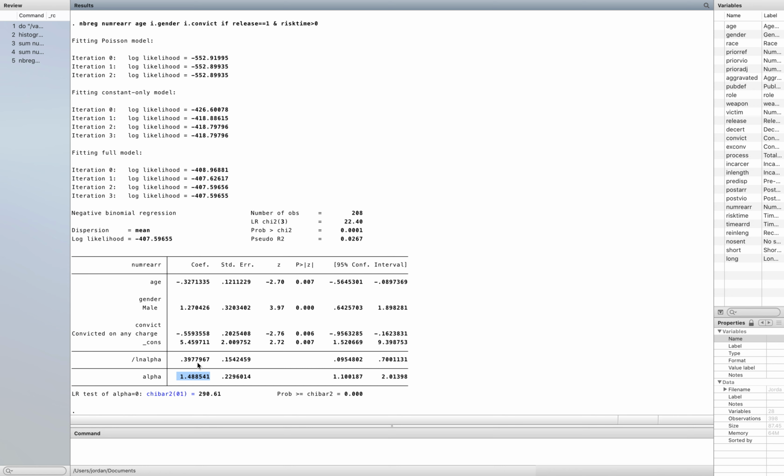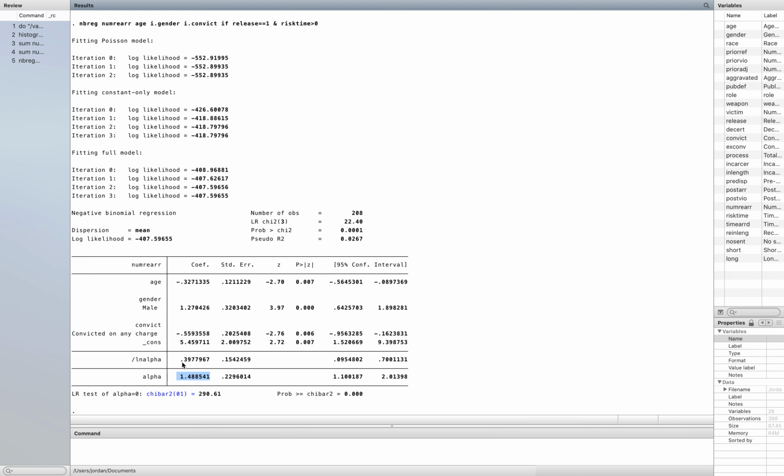If you did a Poisson model, where the variance and mean are equal, it constrains the alpha to 0 as the value. With a negative binomial, it allows the alpha to be greater than 0.